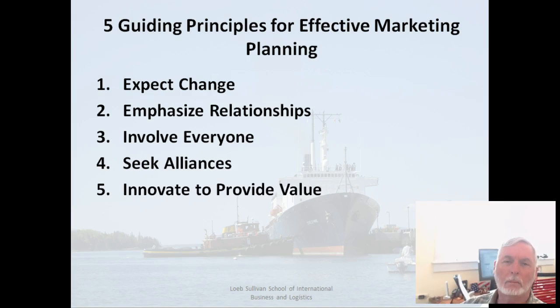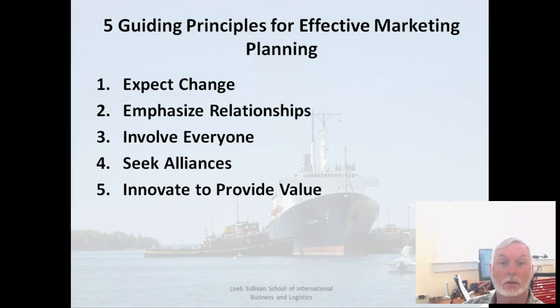Alliances are very powerful, and if the interests of the two parties are in congruence, alliances can really boost your success rate. So figuring out strategic alliances and why they're important can be really important.